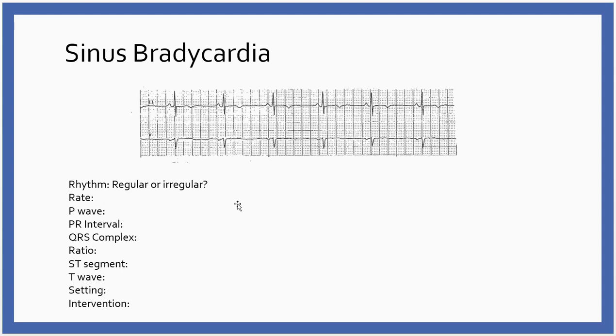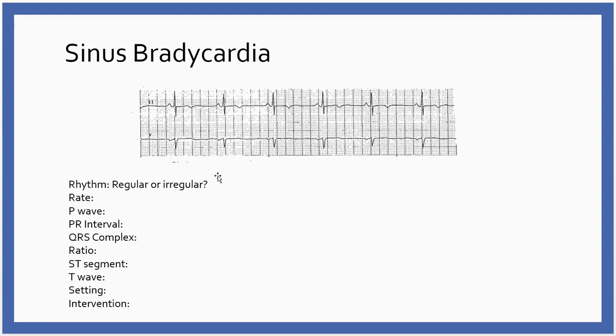Now, according to the ACLS algorithm, if atropine is not effective, the next thing we should look at, if this patient was symptomatic, would be transcutaneous pacing, TCP, to increase the heart rate and thereby improve cardiac output. If TCP is not available or there's going to be a delay, then we look at medications, and it would be dopamine or epinephrine, not as a push, but as a drip.